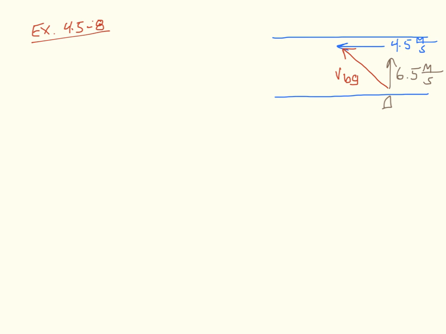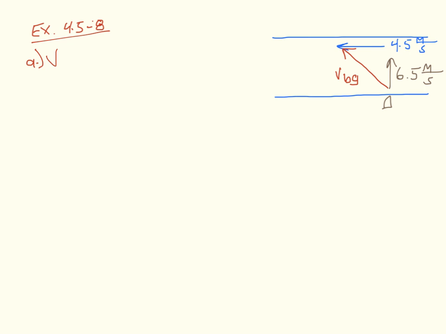So what we really want to find out, at least in part A, is what's that velocity right there, in magnitude-direction notation. Well, we already have what we need. This resultant vector has an x component, well, actually, let's do it in unit vector notation.